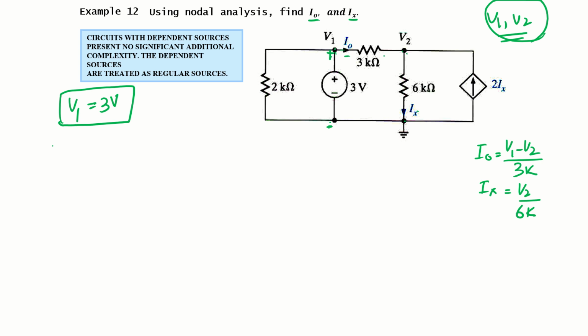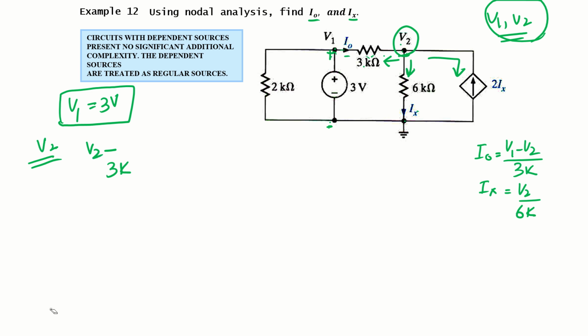Now we are left with V2. So let's write the equation for V2. What will be the equation for V2? All currents are leaving: this current is leaving, this current is leaving, and this current is leaving. Current through 3 kilo ohm with reference to V2: V2 minus V1 divided by 3k, and V1 is 3 volt.